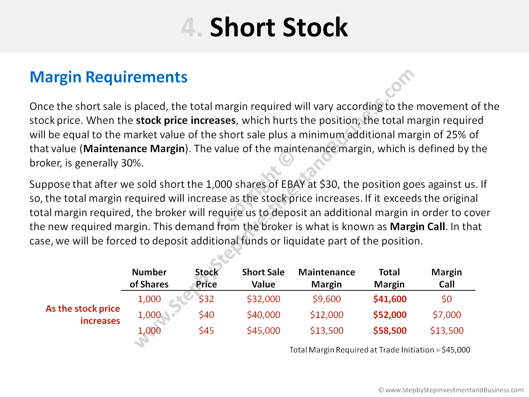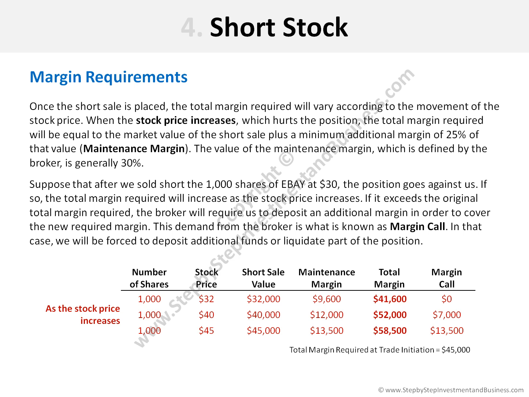And finally, if the stock price rises to $45, at that time the value of the short sale will be $45,000, and our maintenance margin will be the 30% of that value, that is, $13,500. Therefore, the total margin will be $58,500.